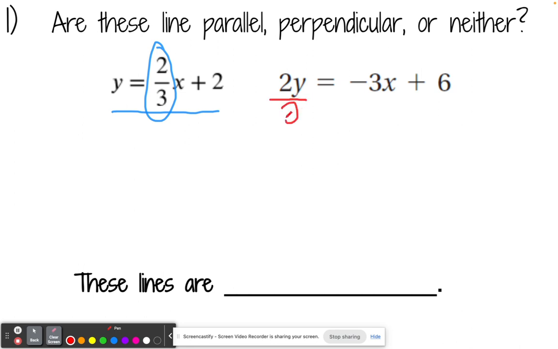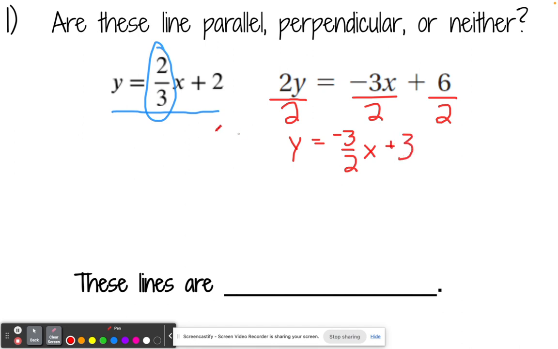All I have to do is divide everything by 2, and I will get y equals -3/2 x. And 6 divided by 2 is 3.